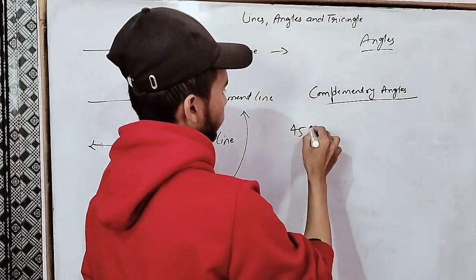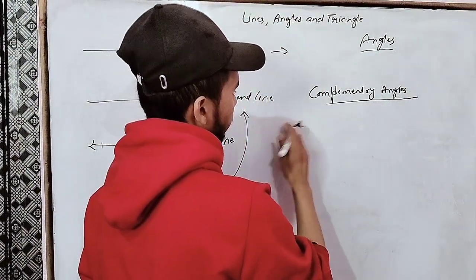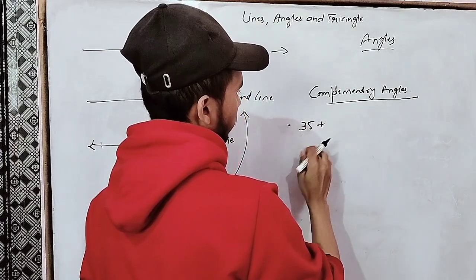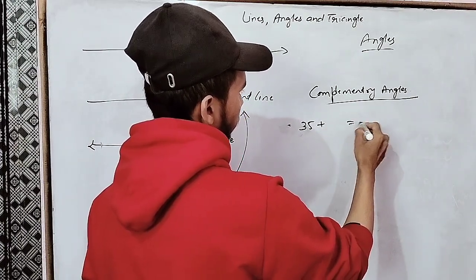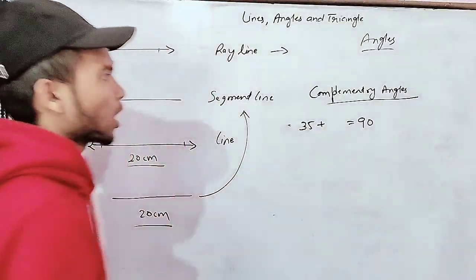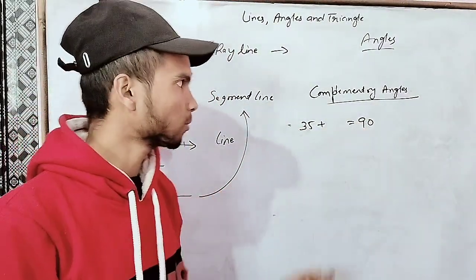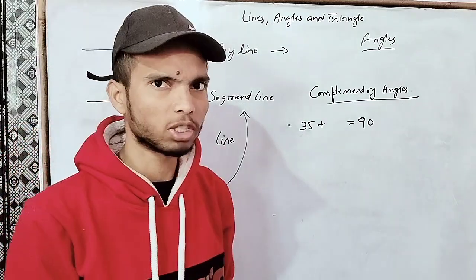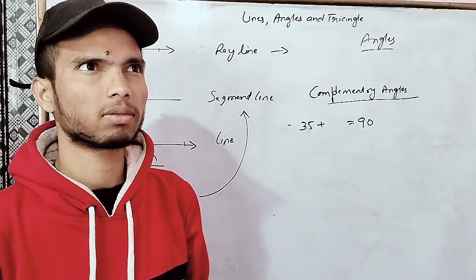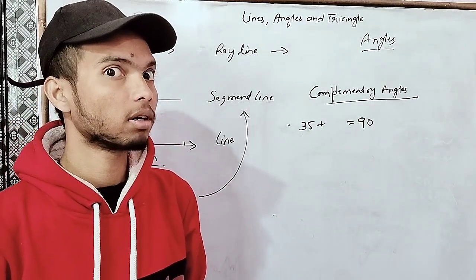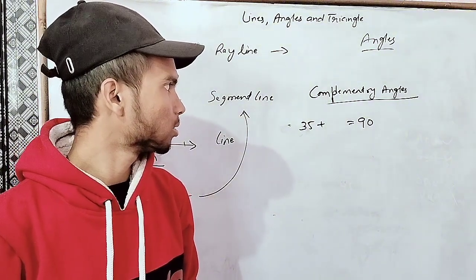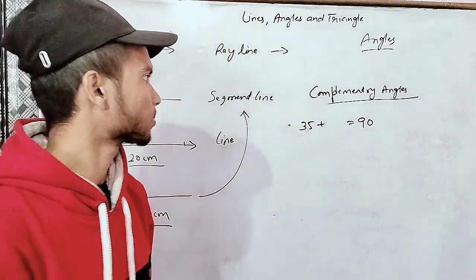For example, 35. Tell me, to complete a 90, here would be how much? You would say 45, no, 55.